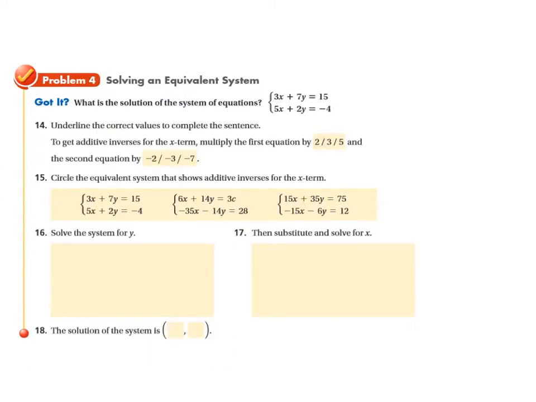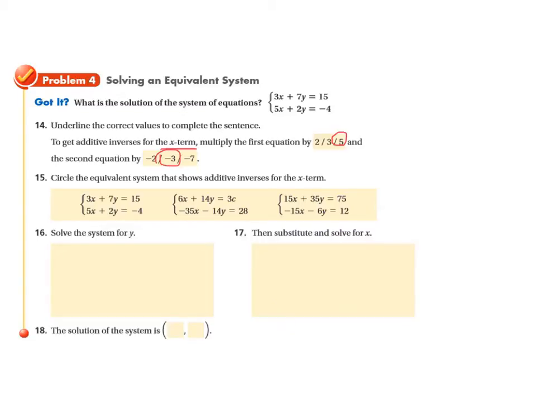Alright, now we're going to solve by using an equivalent system. And remember, things are equivalent. The example before in your vocabulary was $2 equals 8 quarters. So what we're going to do is underline the values to complete the sentence. To get the additive inverse for the x term, you must multiply the first equation by 5 and the second equation by negative 3.